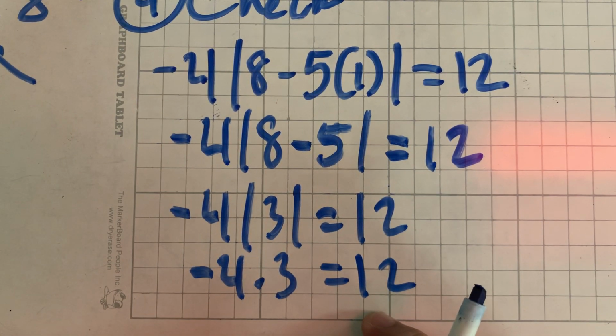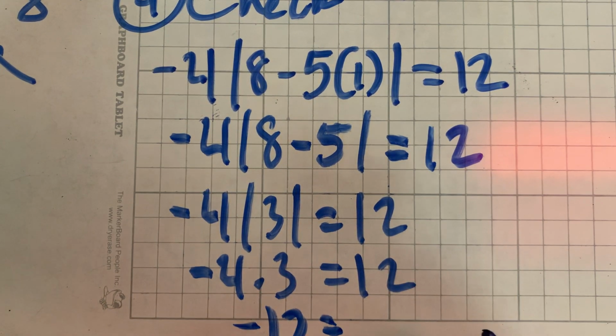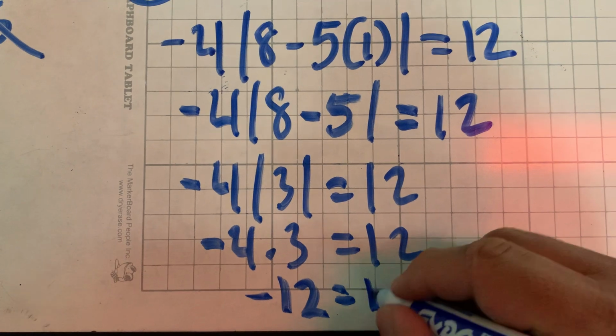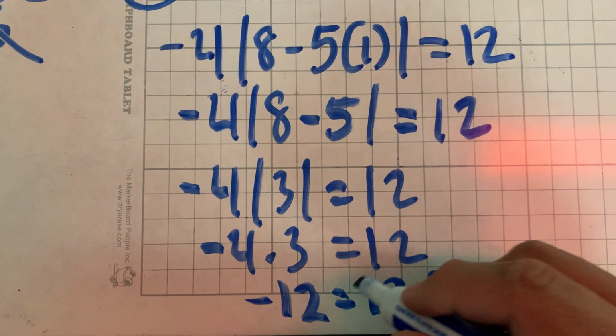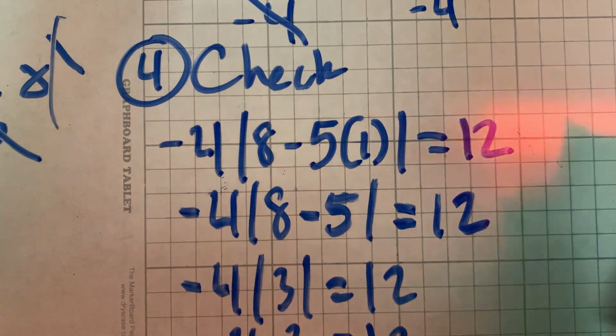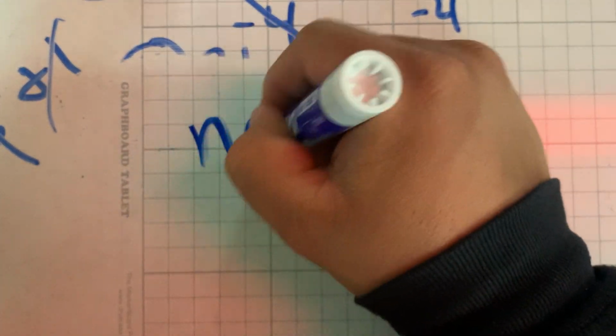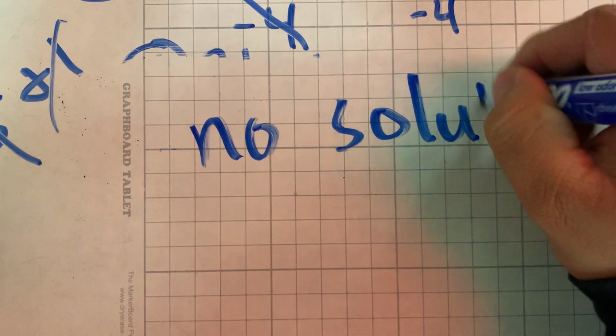And again, it's supposed to equal 12, but negative 4 times 3 is a negative 12. So negative 12, does that equal 12? No. That means 1 is also not a solution. It's an extraneous solution, which means the answer for this problem is no solution.